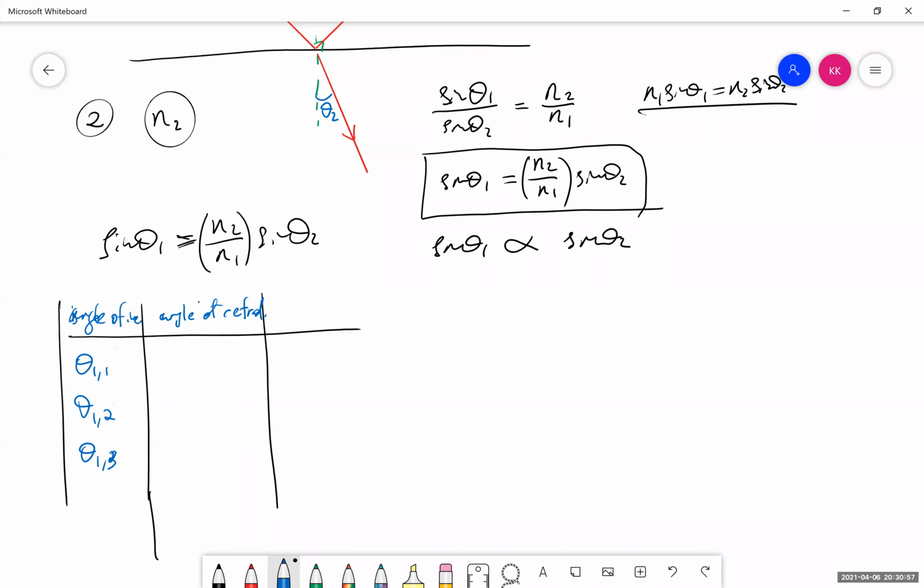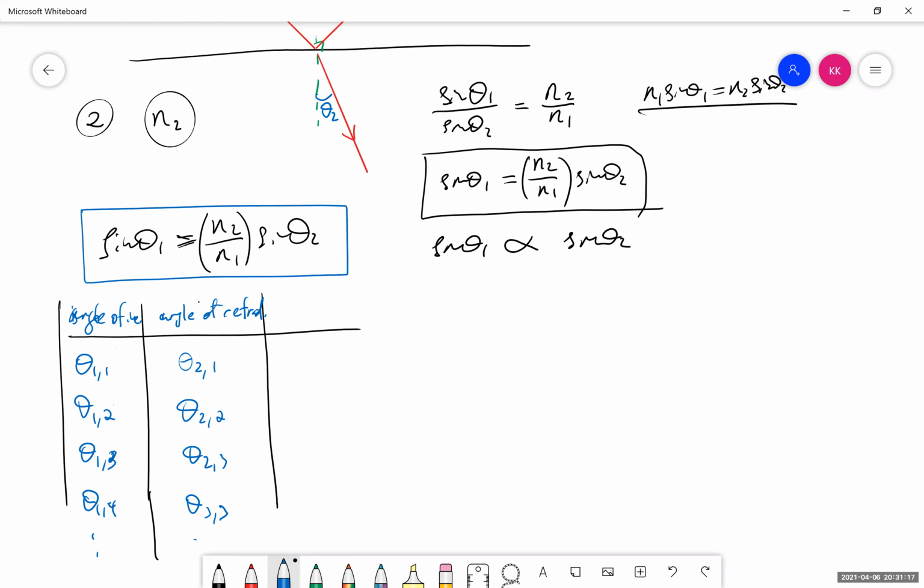Remember, theta 1 means theta for the incident angle, medium 1. So theta 1 trial 4, and so on. In the same way we get theta 2 for trial 1, theta 2 trial 2, theta 2 trial 3, and so on. Okay. But we can see that in this equation, the thetas are not the ones that are related to one another. It's the sines of those angles that are.